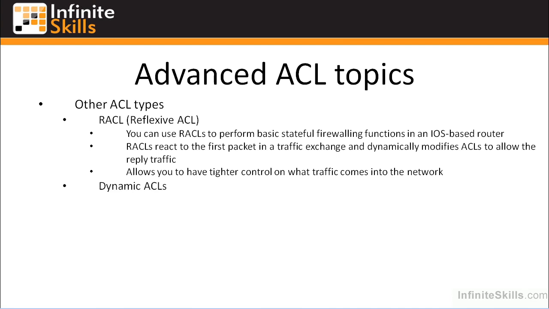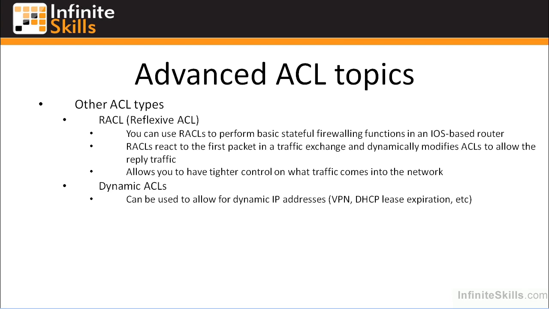Next are dynamic ACLs. Dynamic ACLs can be used to allow for dynamic IP addresses, such as VPN connections, DHCP lease expiration, and so on and so forth. Obviously, when you set up an ACL, you have to specify a source IP and possibly a destination IP. If that source IP changes, now the user can't get to the remote site or can't get to the application. They're calling you up saying, hey, I could telnet to this host yesterday and I can't today. What gives?